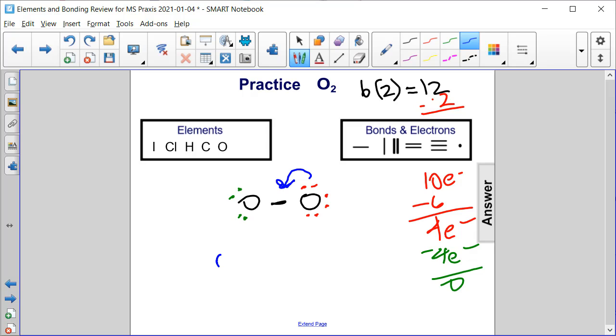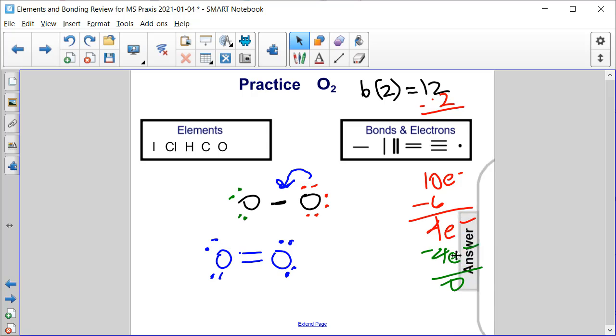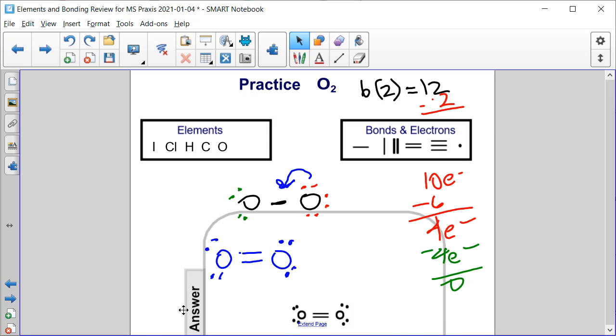And what we're left with is a double bond between the 2 oxygens, and then each one has 2 lone pairs of electrons. So now both oxygens have 8 electrons in their outer shell, and both are stable. So just pull this so you can see the diagram a little more clearly.